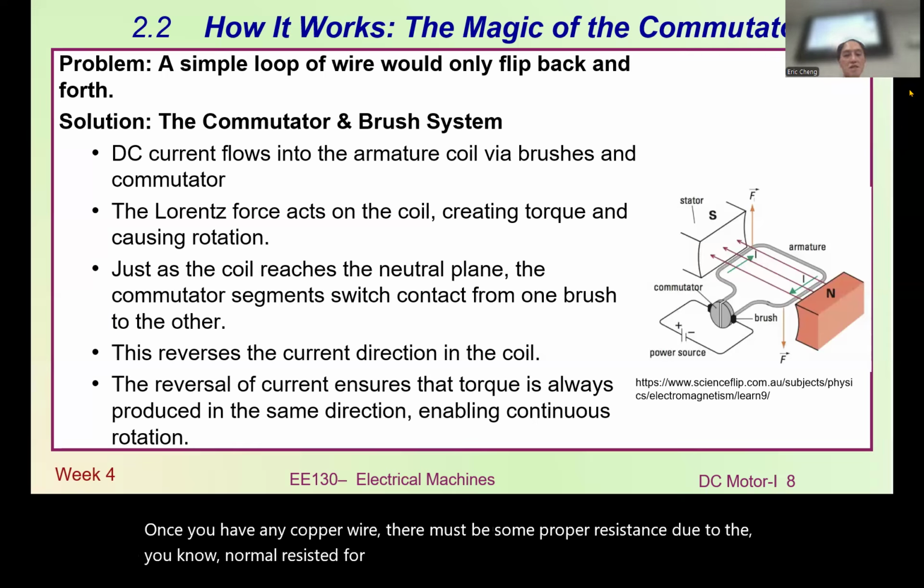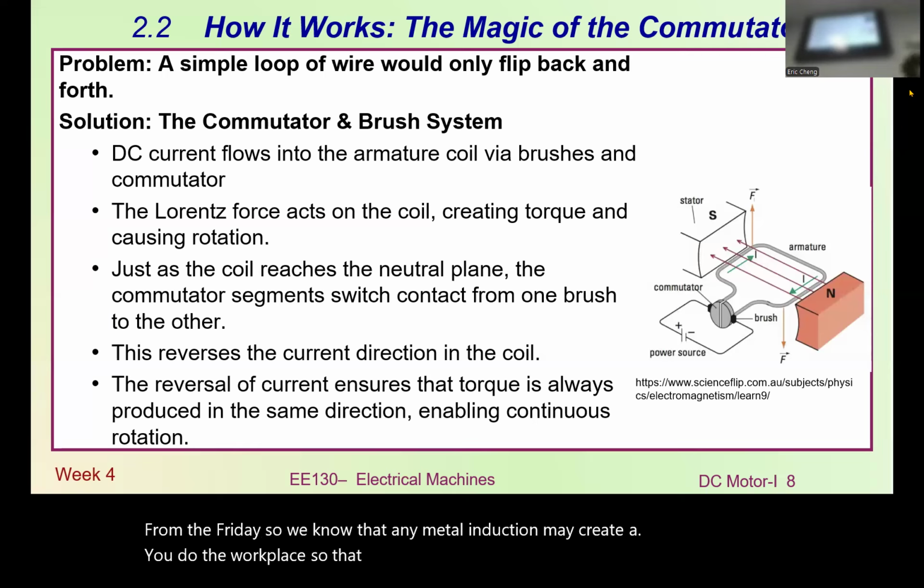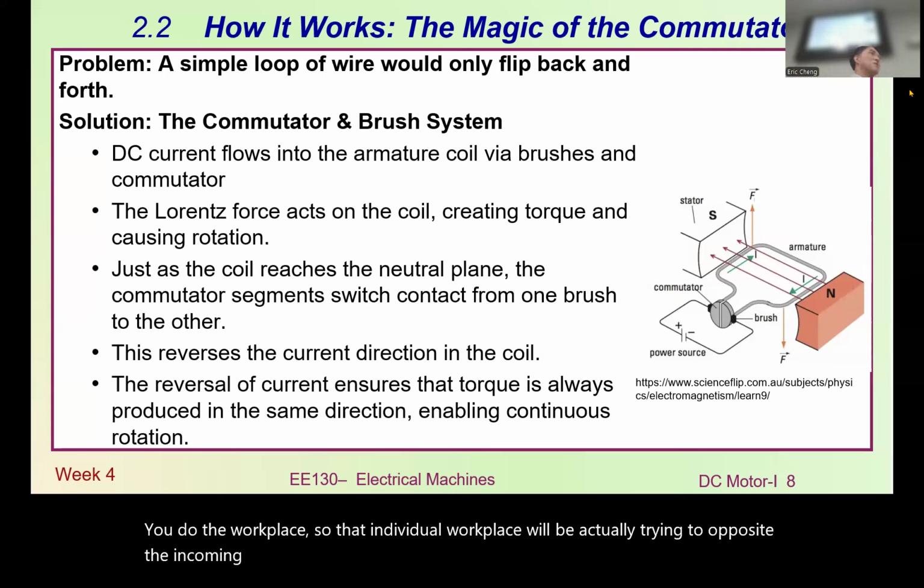That's called a resistor. And from Faraday's law, we know that any magnetic induction may create an induced voltage. That induced voltage will be trying to oppose the incoming voltage, otherwise the current will be too large. That induced voltage we call E.